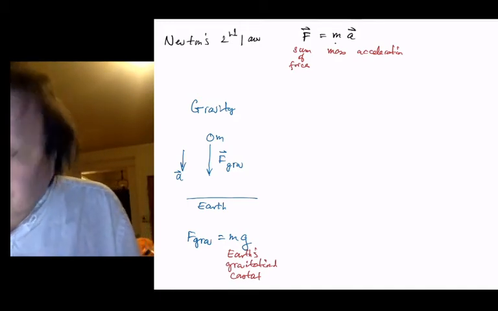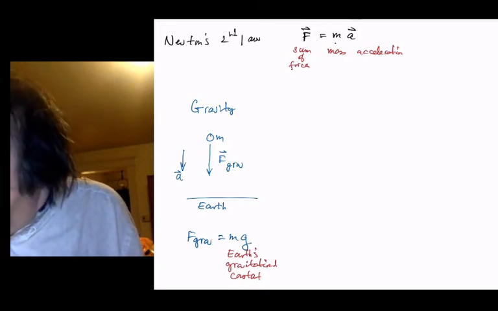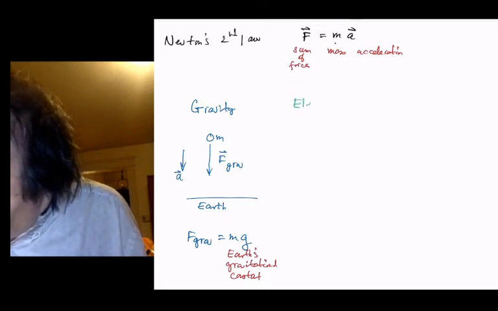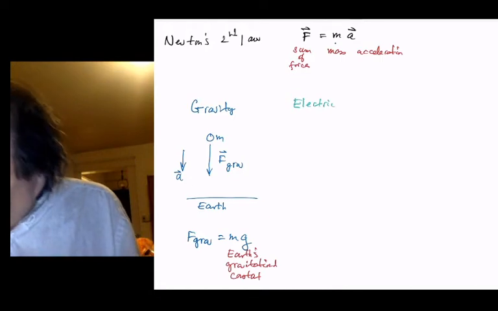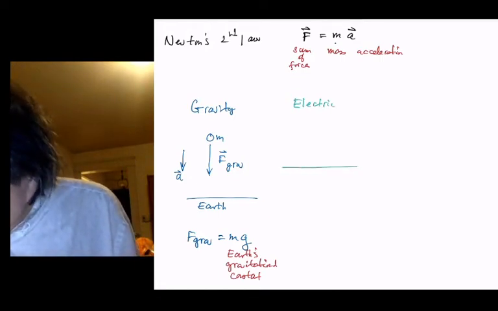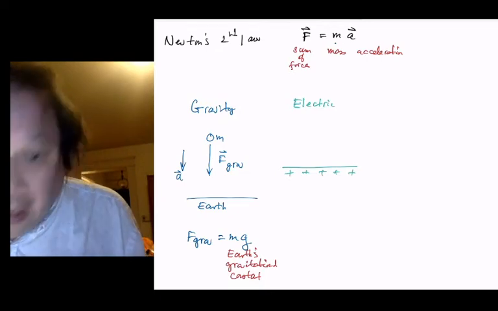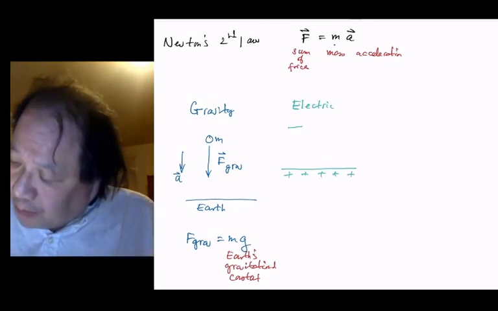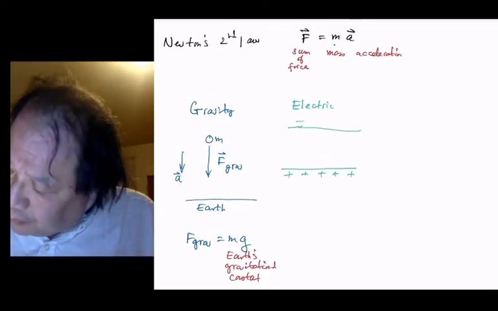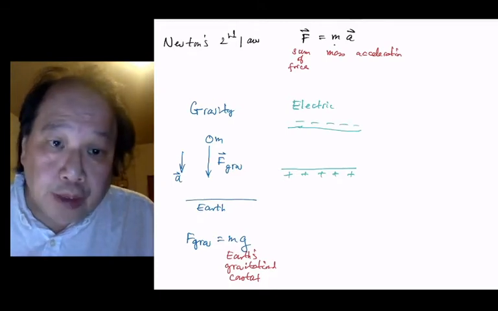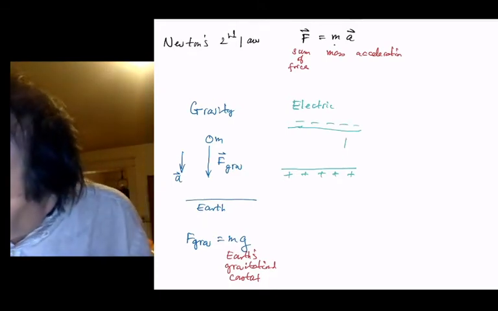The second force is electrostatic, electric force, between a positively charged magnetic plate and a negatively charged magnetic plate. And between those two plates, there's something called the electric field.